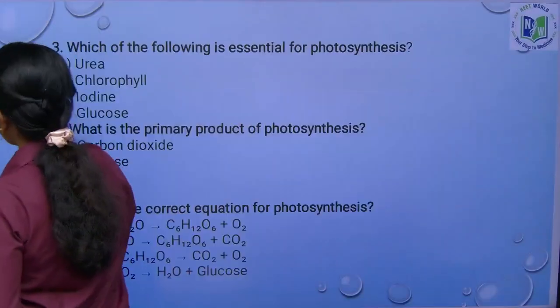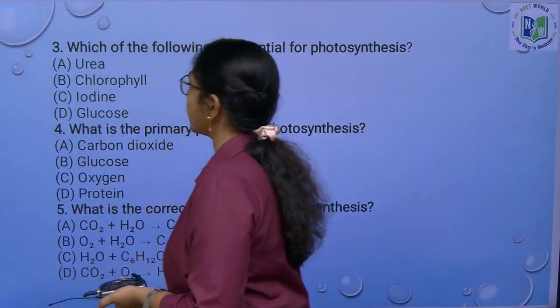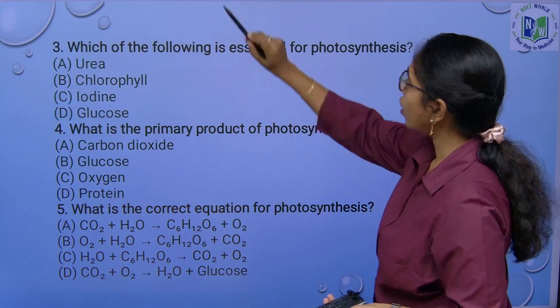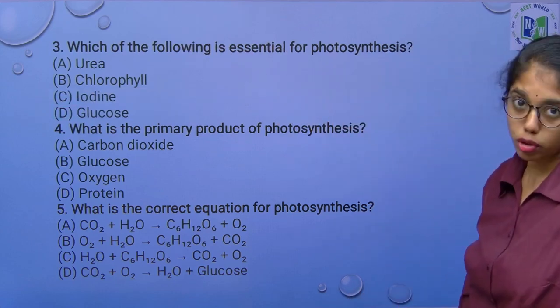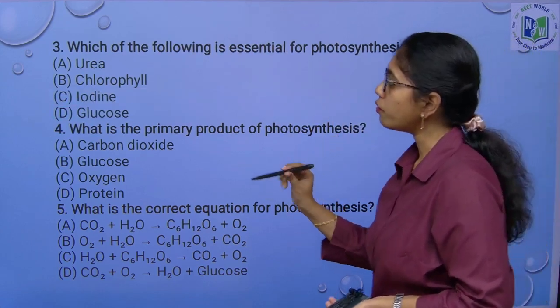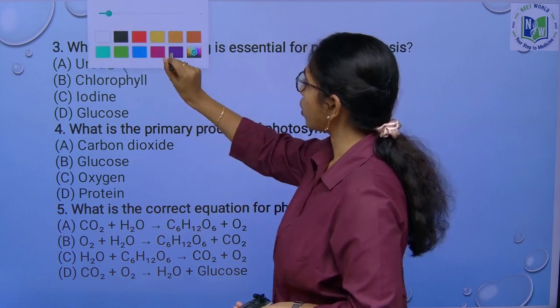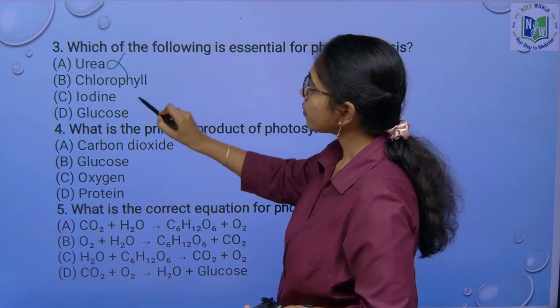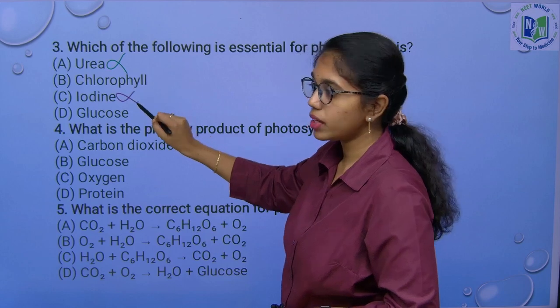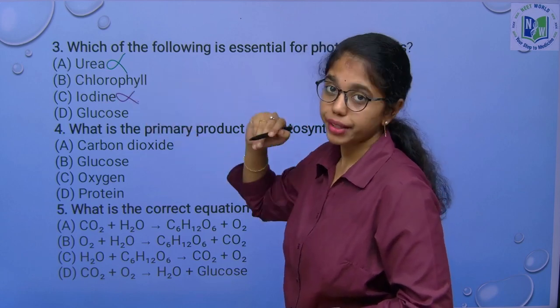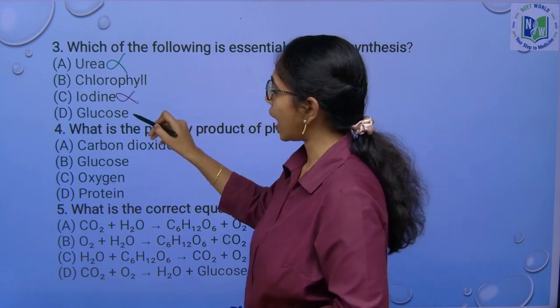Next, the third question: which of the following is essential for the process of photosynthesis? Urea is not required for photosynthesis. Iodine is not required; iodine is required only to indicate the presence of starch in the starch test.